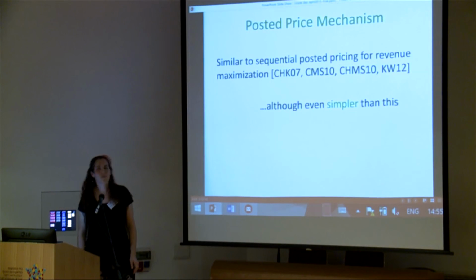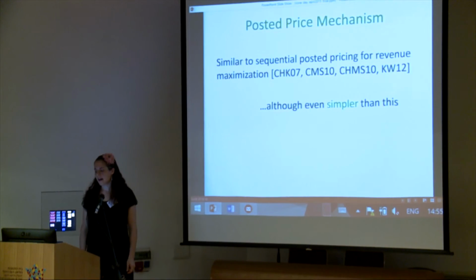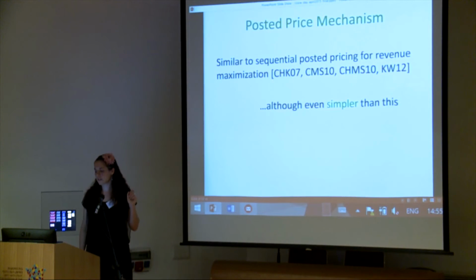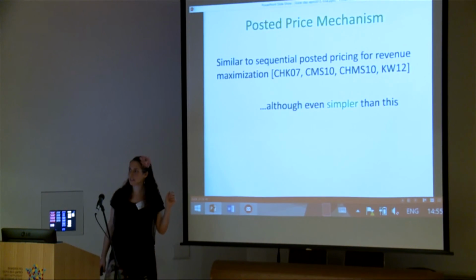I would like to mention that posted price mechanisms have been extensively studied for revenue maximization. Here I'm talking about social welfare maximization. In these works for revenue maximization, the motivation for using posted price mechanisms was their simplicity.